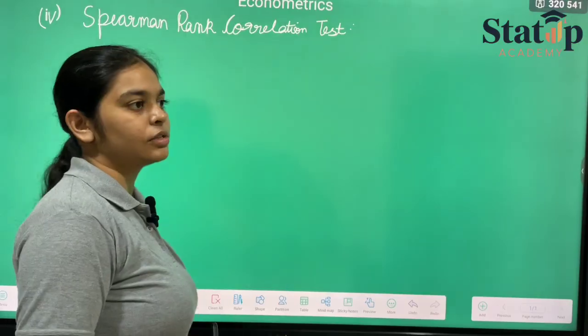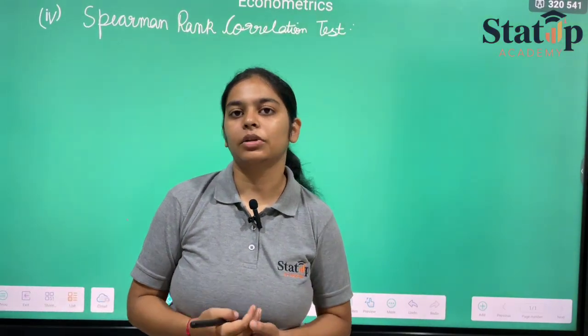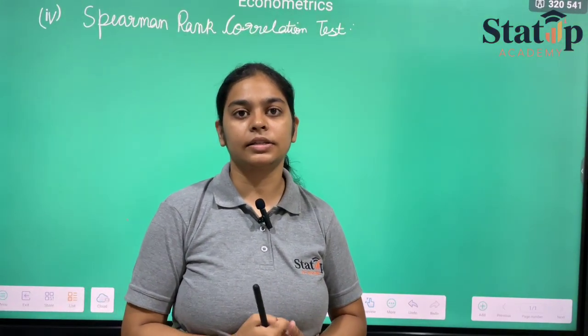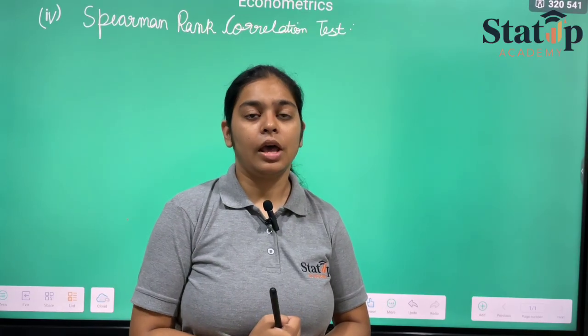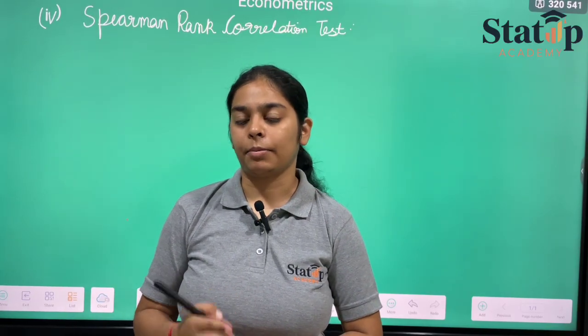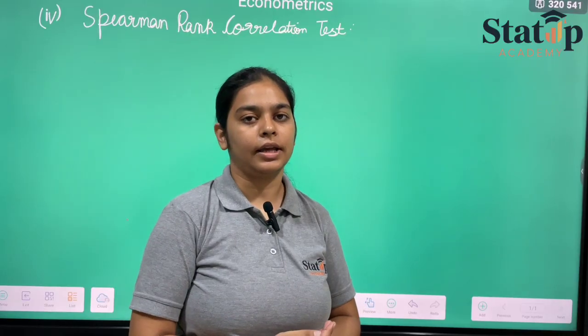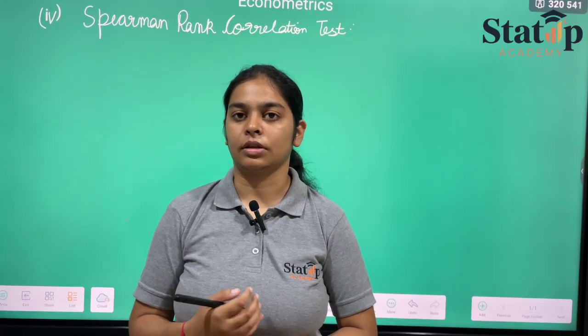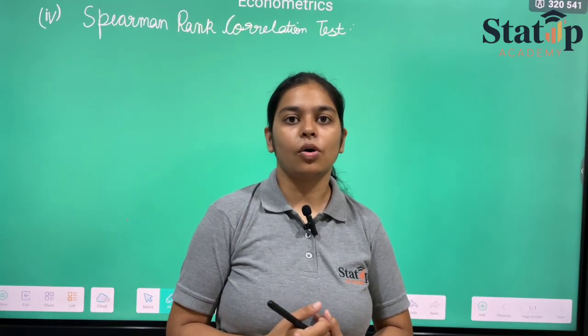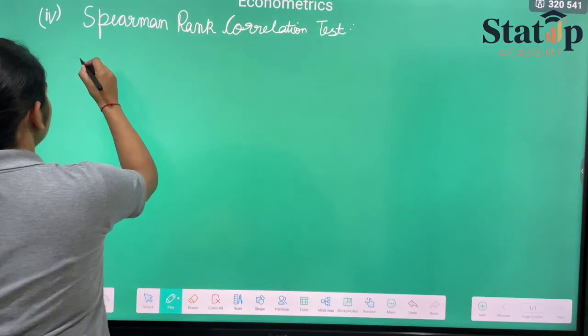This test is very easy as compared to the other tests, and this test can be used for both small samples and large samples, and is comparatively easier than the other tests that we use for detection of this heteroscedasticity. So let us consider a model.